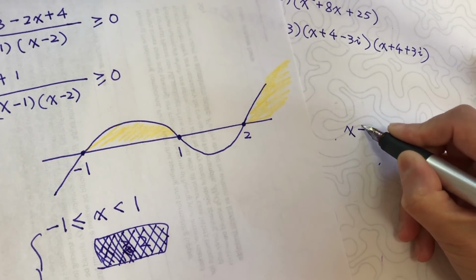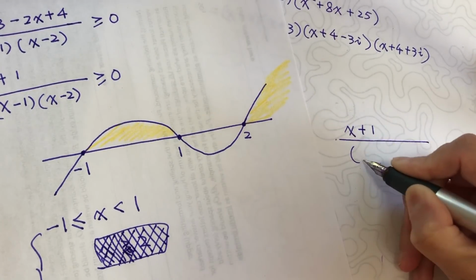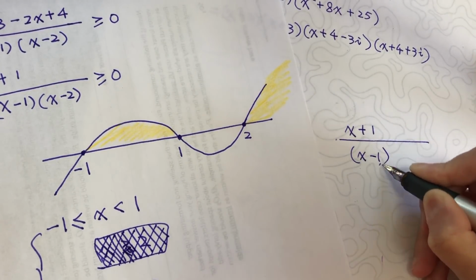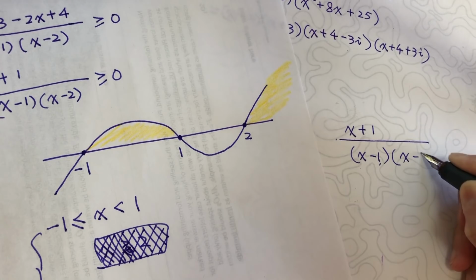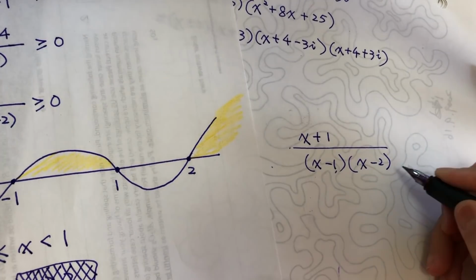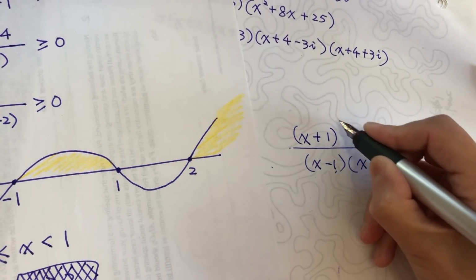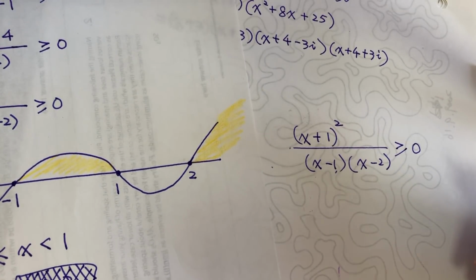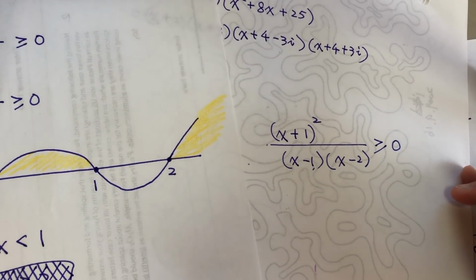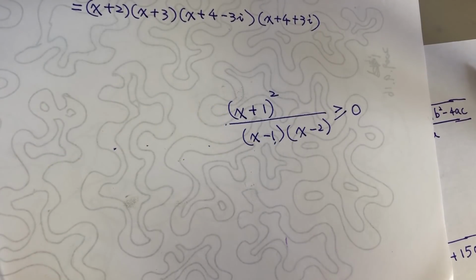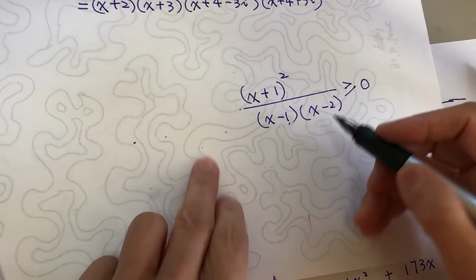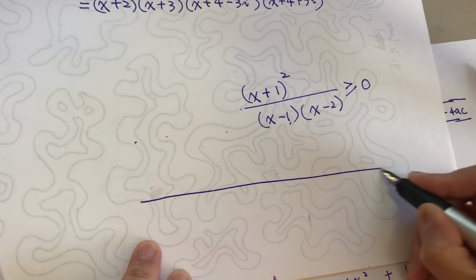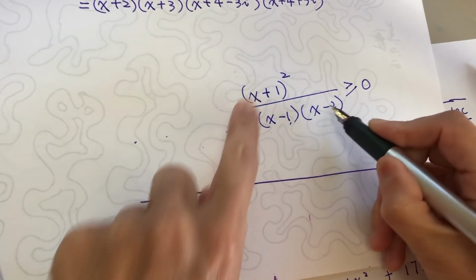Yes, if it is like this, x plus 1, x minus 1, x minus 2 squared. How about this? We can draw this one. How many zeros do we have? 1, 2, 3.